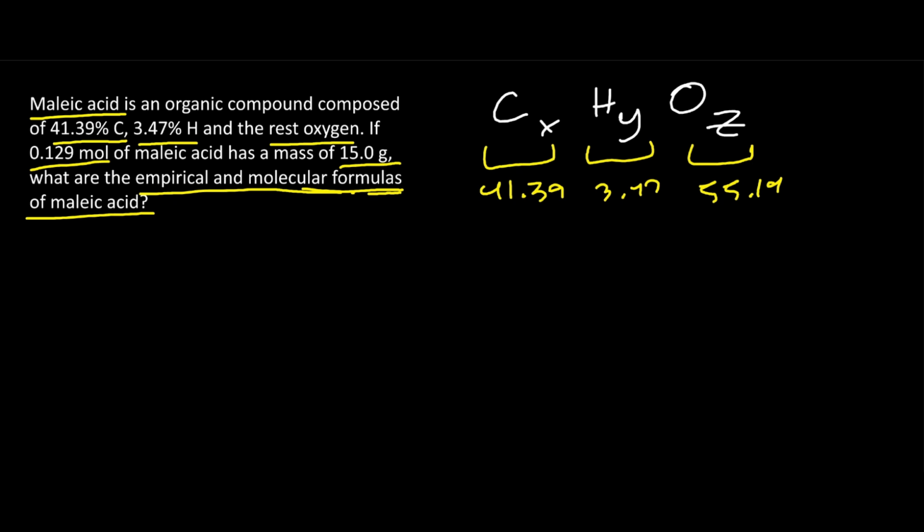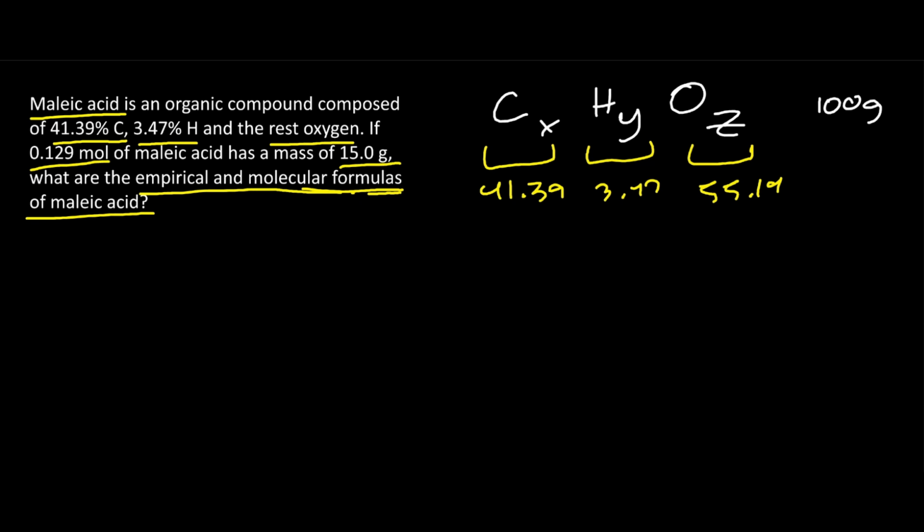Now, what we're going to have to do here is find these subscripts in order to create our empirical formula. How we're going to do that is, let's assume we have 100 grams of malic acid.